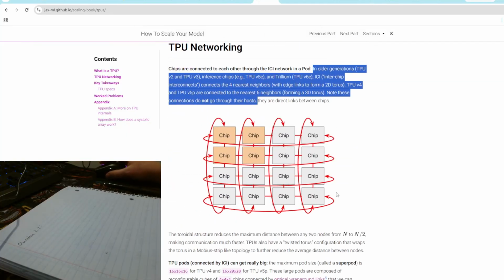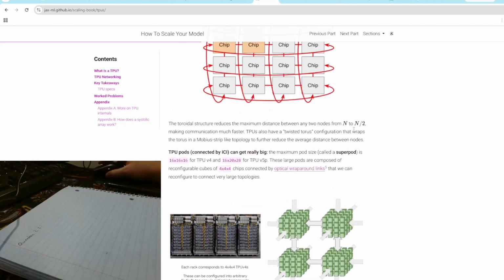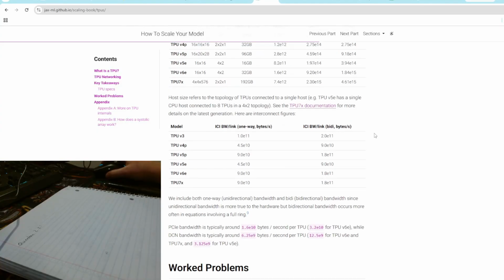TPU networking is what we really want. Inter-chip interconnect networking connects the 4 nearest neighbors, but still the edges are what matters. I think it is a superpod that we're looking for, though, right?